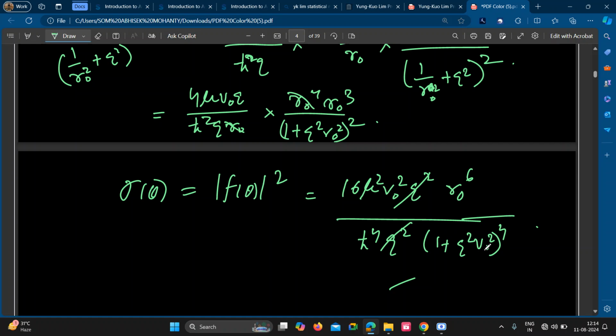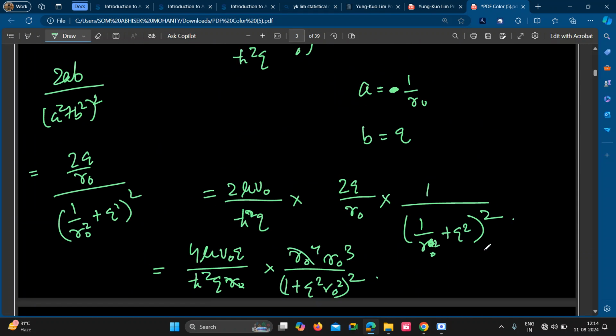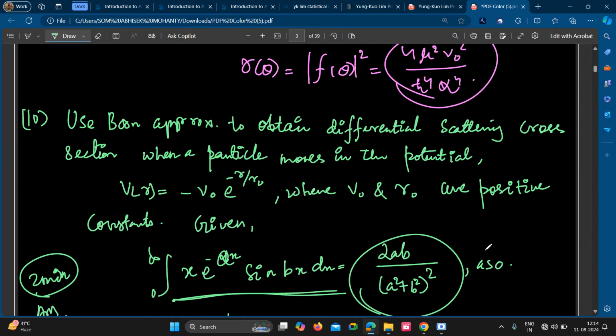Write one homework. You will do this yourself because we have done it so many times now. Number 11. Calculate the scattering amplitude. We'll do this one for practice.